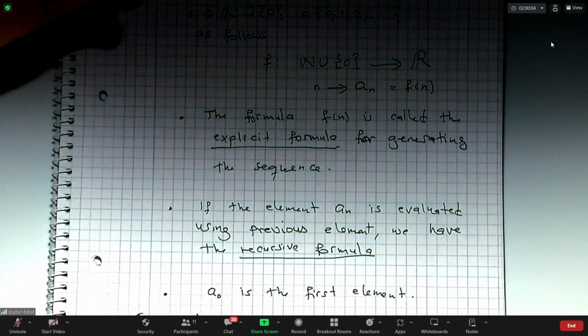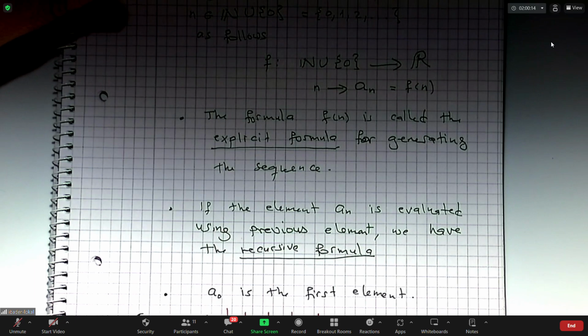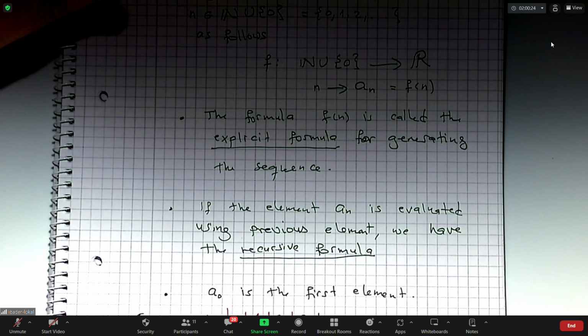So here you can think about this sequence. Let's say this is n, and n is a natural number here, and then you have something here, and this is A sub n. So here we start at 0, 1, 2, 3, 4. So for instance, this is A0, A1, A2, A3, and so on.